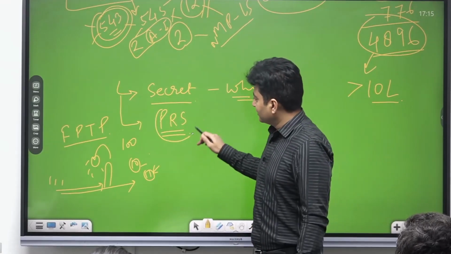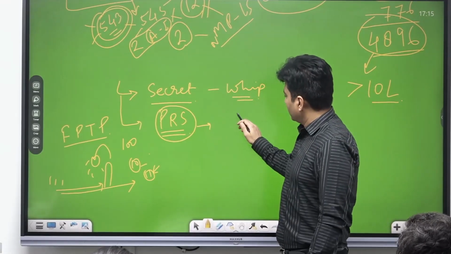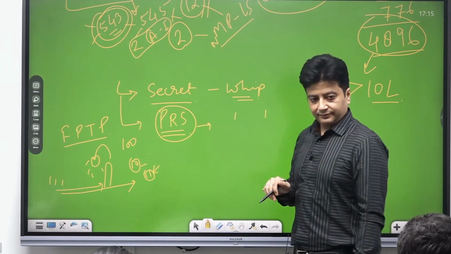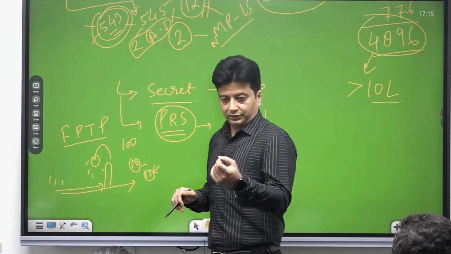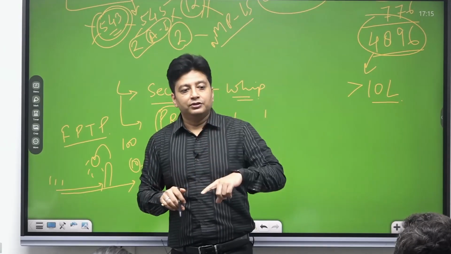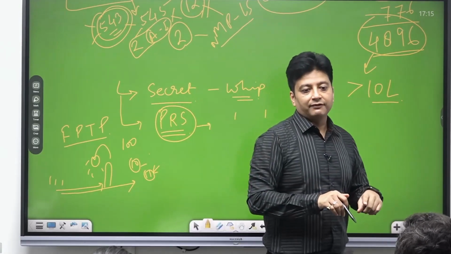Proportional representation simply means the political parties will be given seats in proportion to the votes they have got.